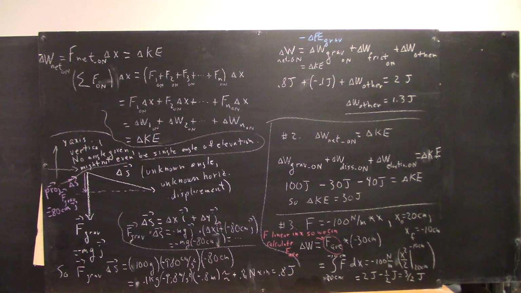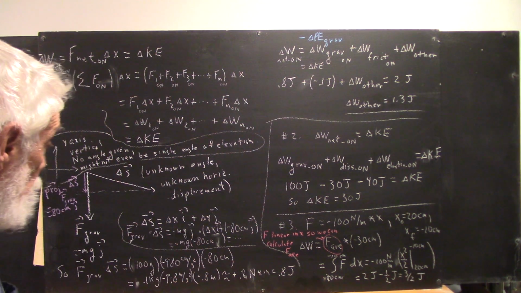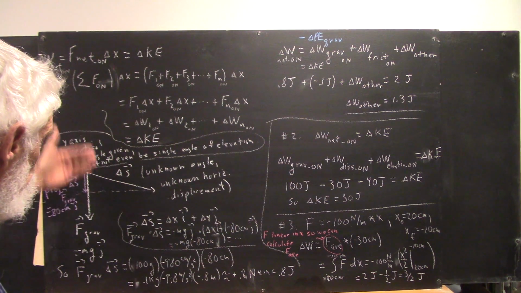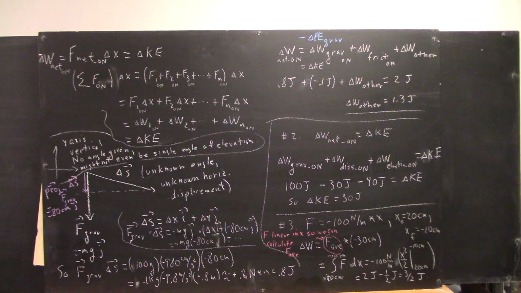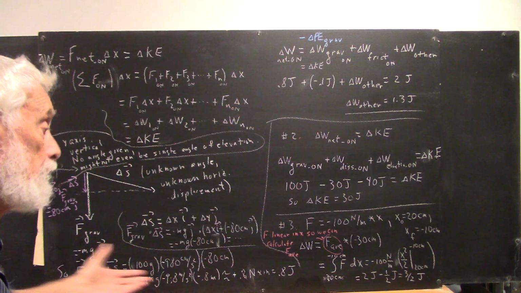I think the square root of 8 meters per second, which is going to be about 2.8 meters per second. You can easily work that out, but this is the thing you need to understand. If gravity is the only force acting, bottom line is only the motion in the y direction affects its kinetic energy.